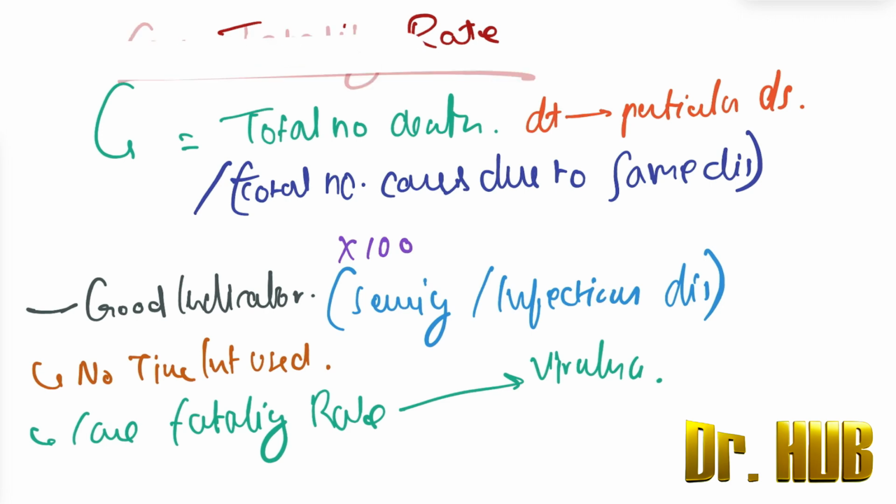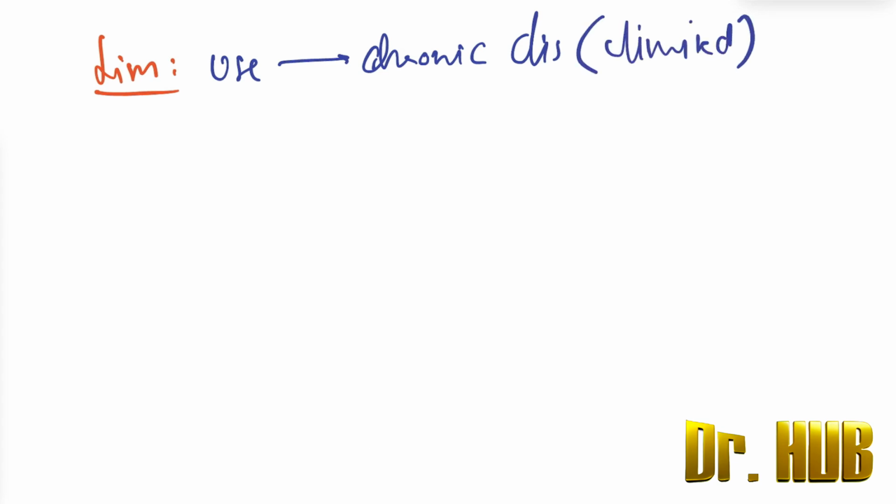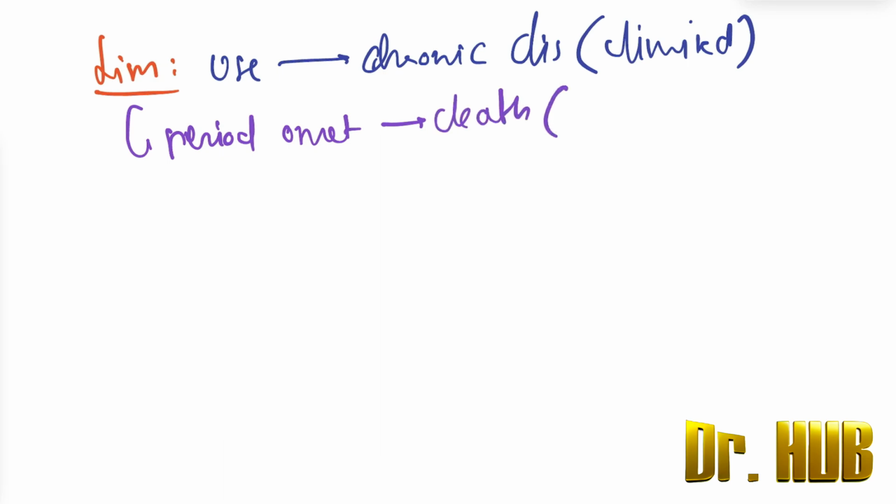Next we look at the limitations of the CFR. Its usefulness in chronic diseases is limited, because the period from onset to death is variable.